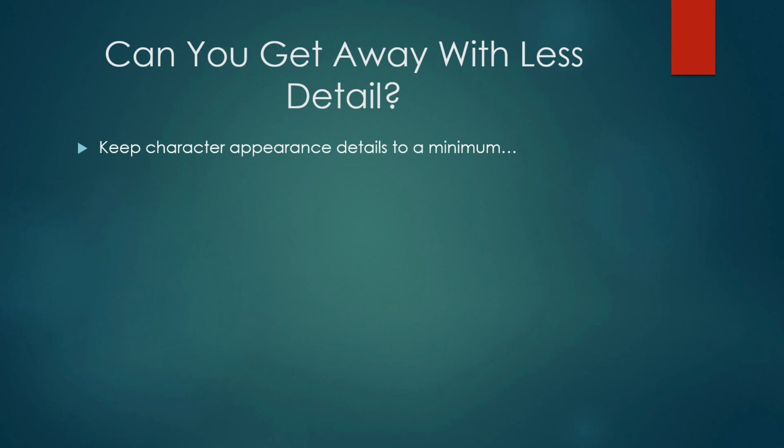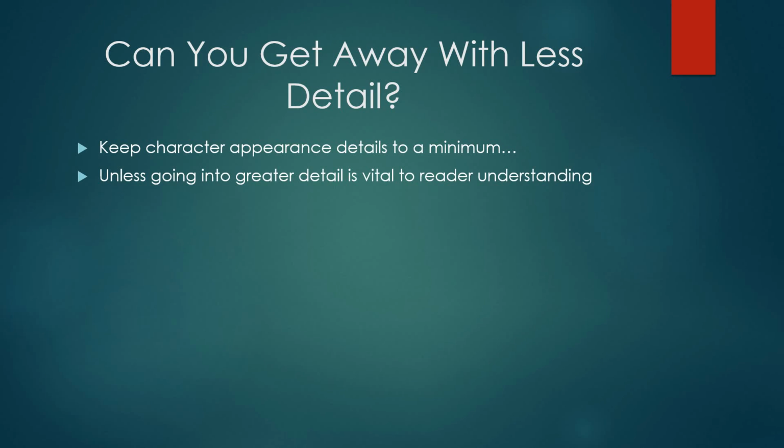So, character appearances: keep the details to a minimum, unless you're going into greater detail that's vital to a reader's understanding. So basically, if you have a character from a certain culture that isn't taken from our world, and they have a fashion or a hairstyle that has a social and cultural significance. I think the samurai would be an example from our world.